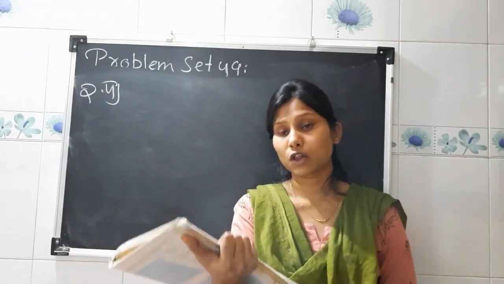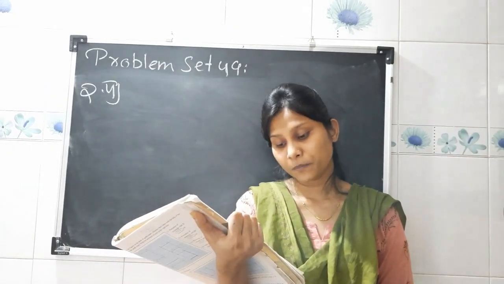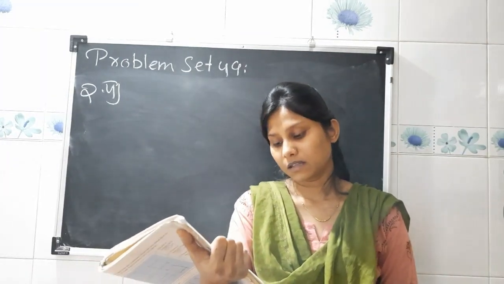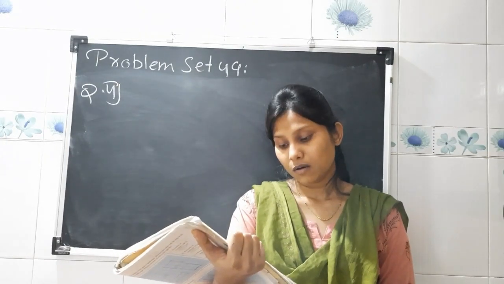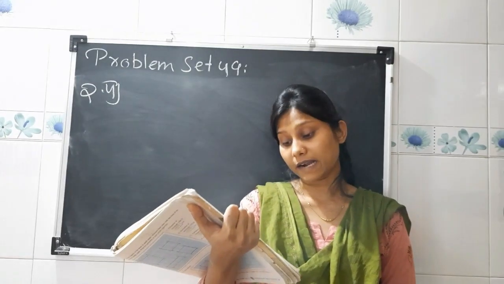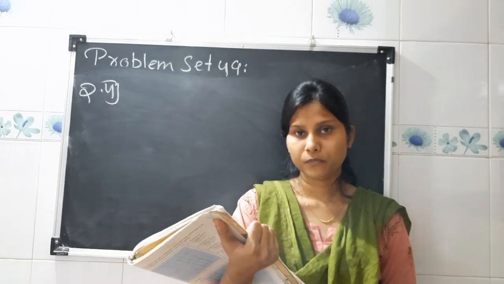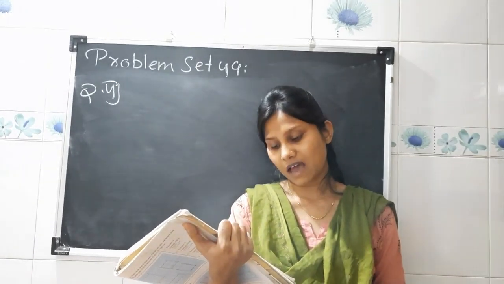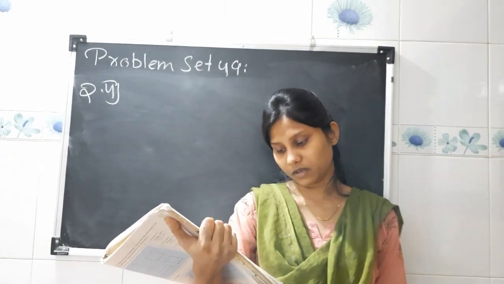See, 160 meter long and 90 meter wide means the length of the field is 160 meters and the breadth is 90 meter. Okay, so by this we can come to know that it is a rectangular field. Why? Because they have given you the length and breadth. Okay, rectangle is having length and breadth. So it is a rectangular field.